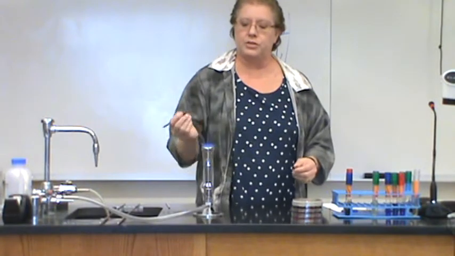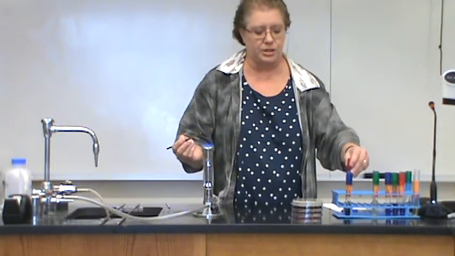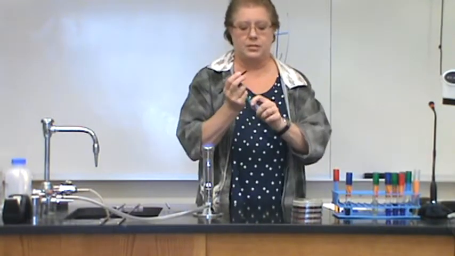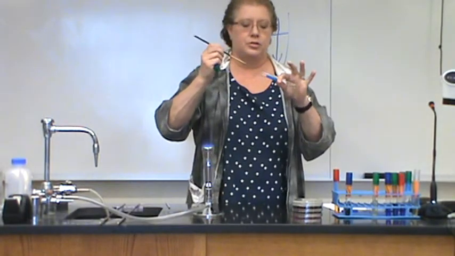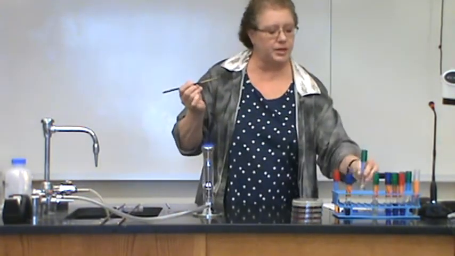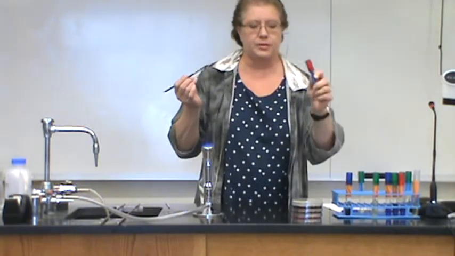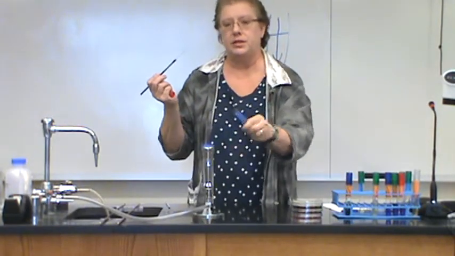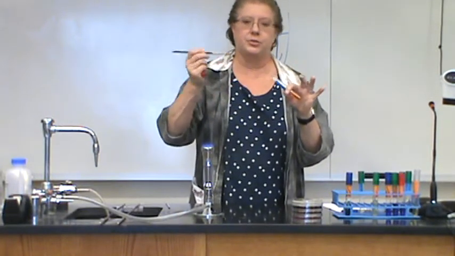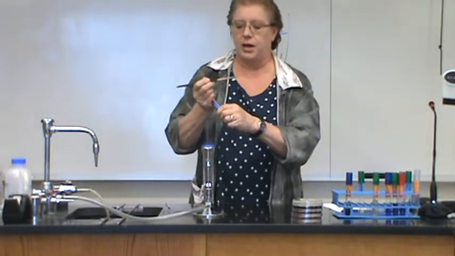So again, you go back to your inoculating loop, because you're just doing a simple broth inoculation. Sterilize your loop, pick up your unknown, clean the top, cool your loop, get a loop full of bacteria, clean the top, and then pick up your urea broth, remove the lid, clean the top, go in, inoculate your urea broth, clean the top.